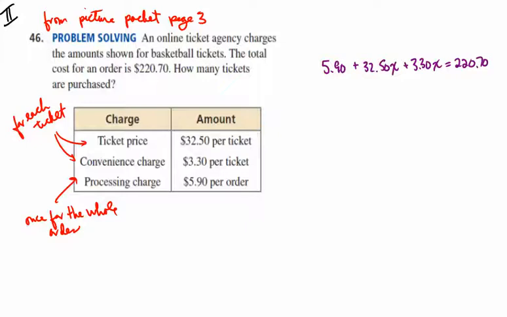And the total has to come out to be $220.70. We always want to try to combine like terms on each side individually. When we do, we get $32.50 plus $3.30, which is $35.80. And that's, again, a total of $220.70.